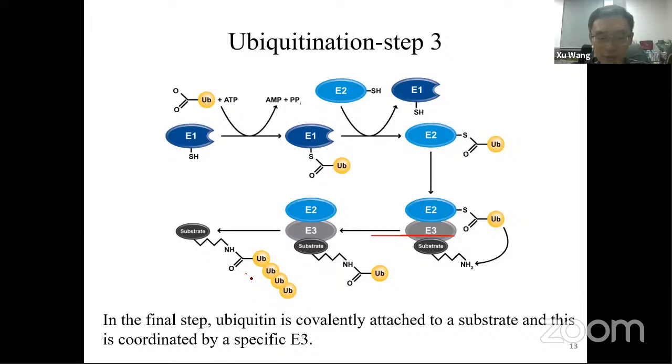We can see from here that a chain of ubiquitin molecules is attached to the substrate. So this is the process of ubiquitination, mediated sequentially by E1, E2, and E3 enzymes.